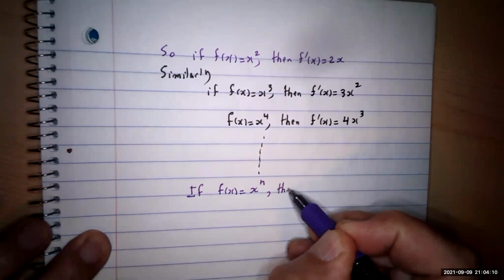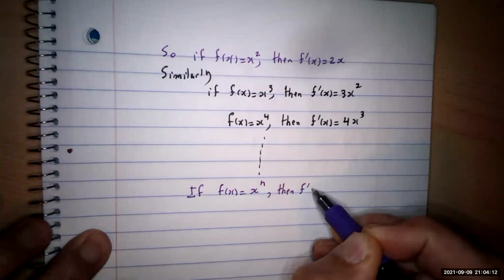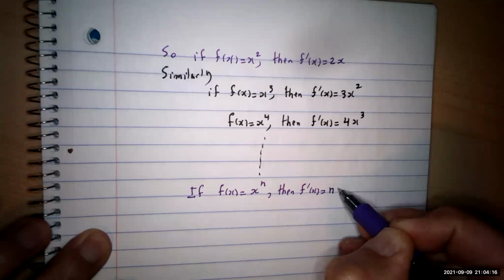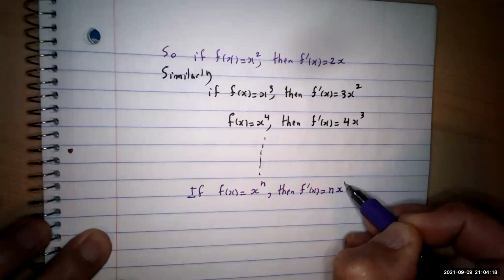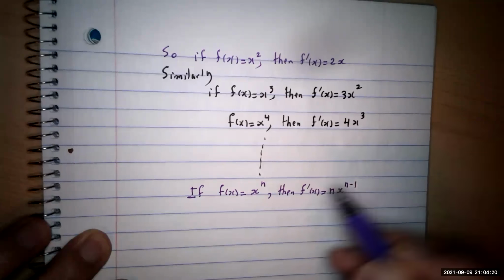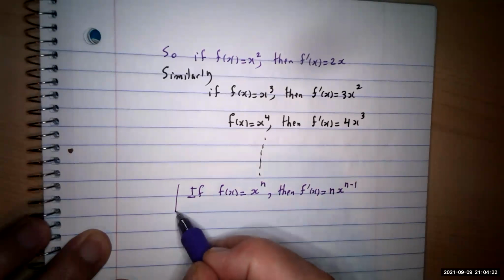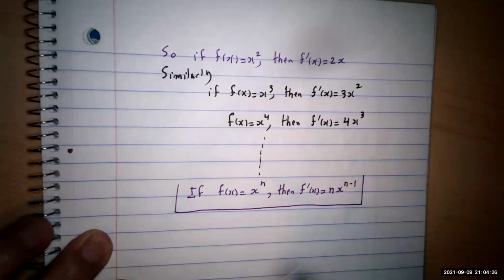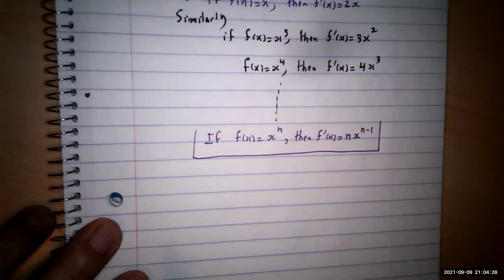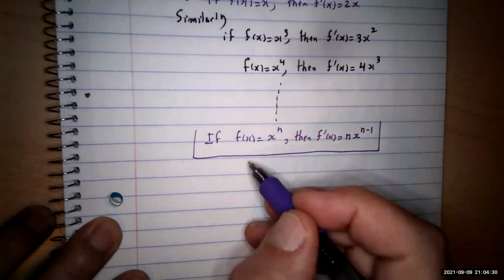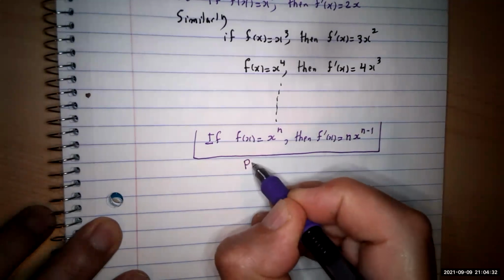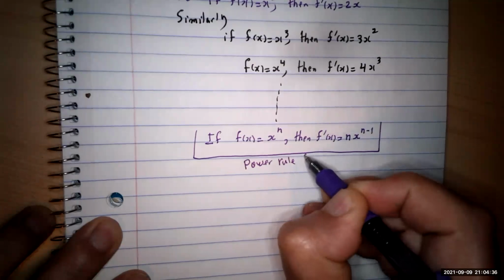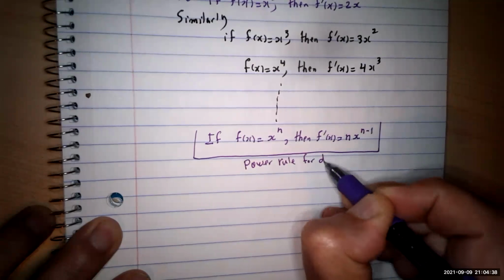Then f prime of x is going to be equal to, you bring the n down, you reduce the power by 1 unit, x to the n minus 1. That's a great formula. You can use it anytime you like. We call it the power rule for differentiation.